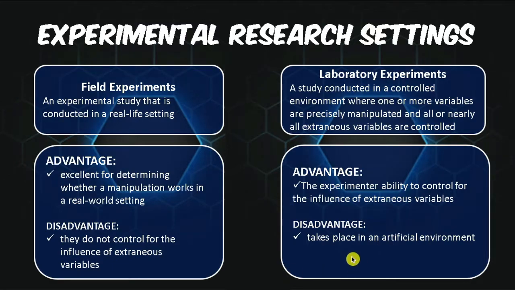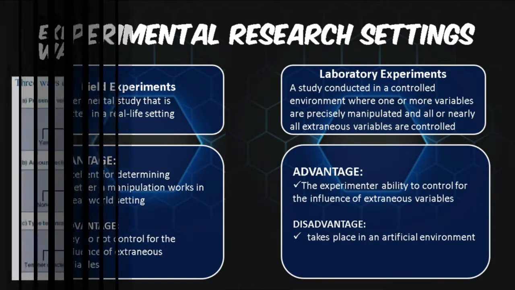The disadvantage, though, is the reliability of the results, because the results from a laboratory experiment might not represent what actually happened. So there's a chance that it's not exactly what happens in real life.